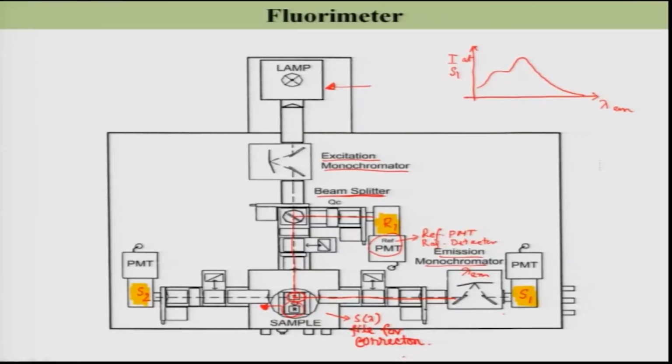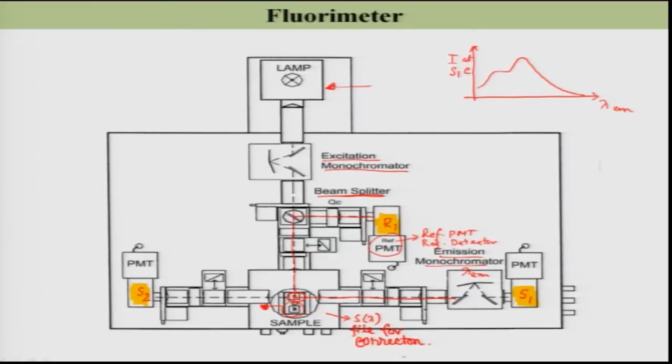So, you will immediately get the corrected intensity at each wavelength, right. So, better not to plot S1 by lambda emission, but S1C by lambda emission, right. So, let me delete here. So, let us plot S1 into C, right. This is multiplied by the correction file, S1C.